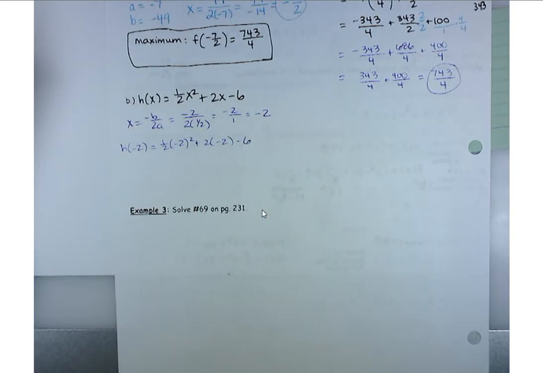Okay, double check and make sure that you found the correct x value. Okay, did you guys get -2 okay? 2 times a half was 1, so you got -2 when you divided.